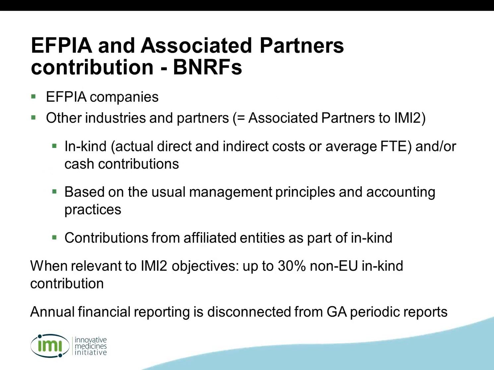How do the associated partners and the FPA companies contribute? As I said, they are organizations which contribute in kind, so they are supporting their own cost in participation in the action. Then it can be FTE rates or staff allocated to the project, it can be cost for consumables, it can be cost for equipment, and these are reported to the GU based on their usual management accounting practice. But they can also, as I just said, contribute directly, providing financial contribution to other beneficiaries.